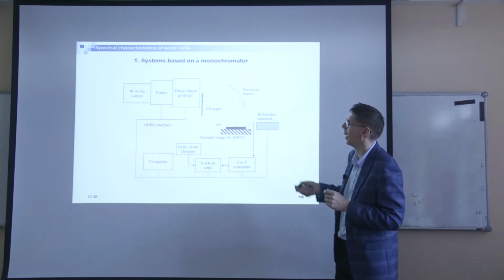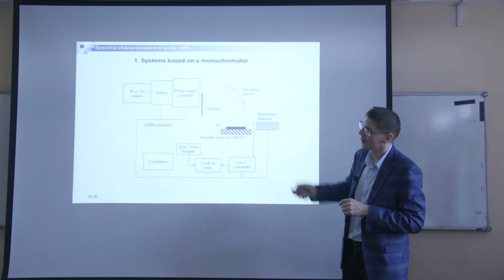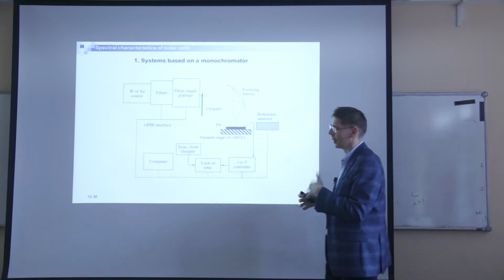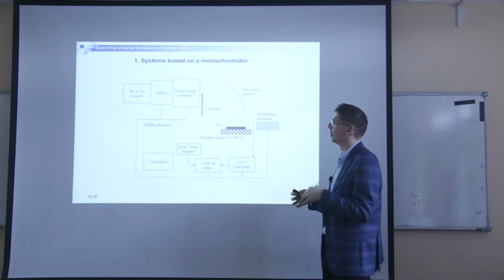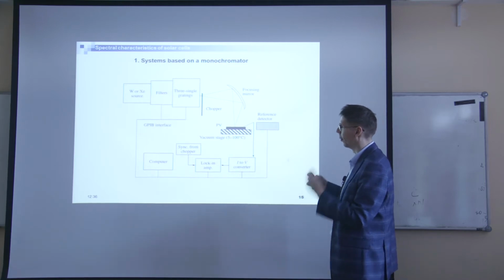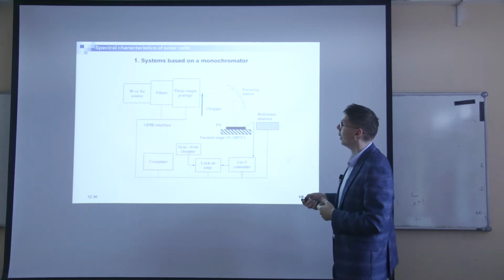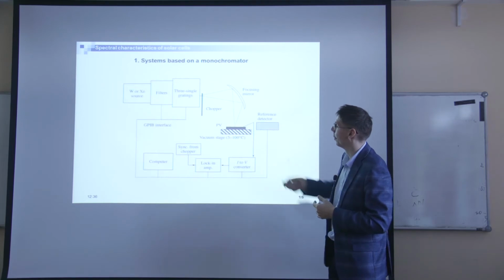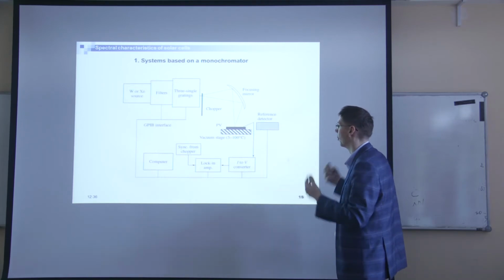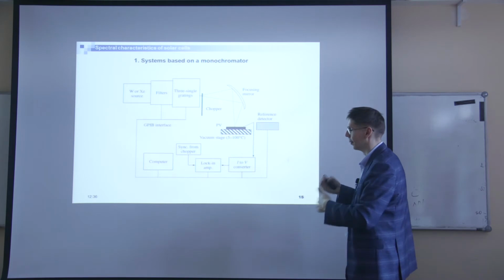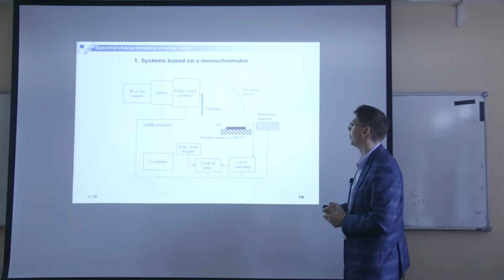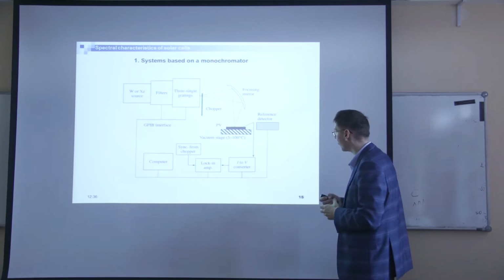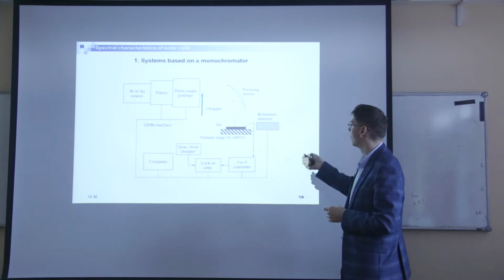We have a source of light, filters just to avoid second harmonics to form monochromatic light, and the lock-in amplifier could provide a better signal to noise ratio.